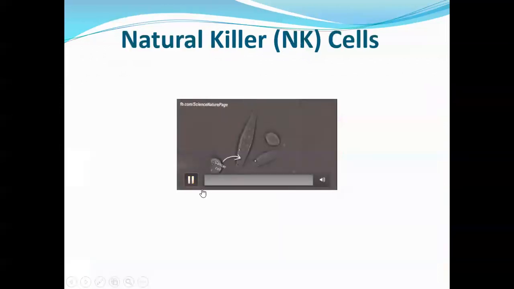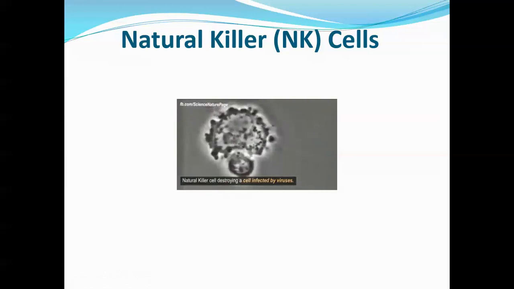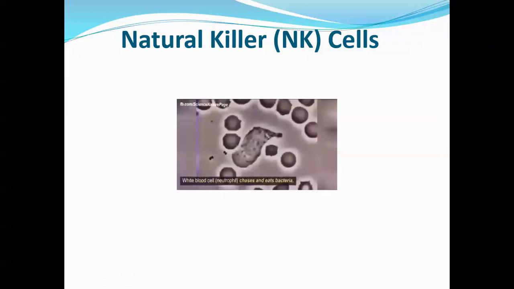What they do is inject granules into the tumor cell, causing that tumor cell to undergo programmed cell death or apoptosis. But unlike the neutrophil, they do not die and they can go on to kill other targets.